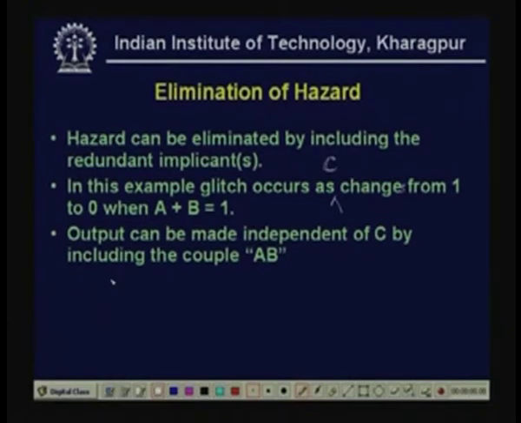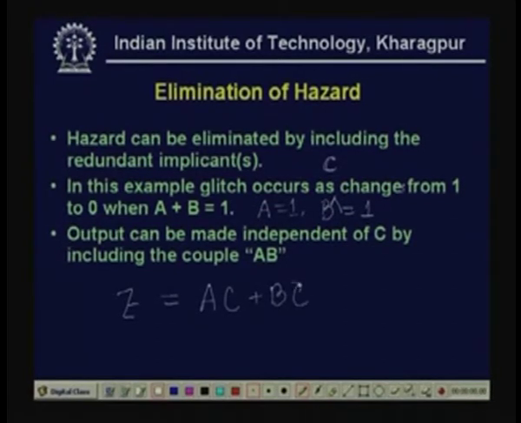So, instead we can say that A equal to 1, B equal to 1, and then if C changes, a glitch occurs, or the hazard comes. Now, see that our example is Z equal to AC plus BC bar.